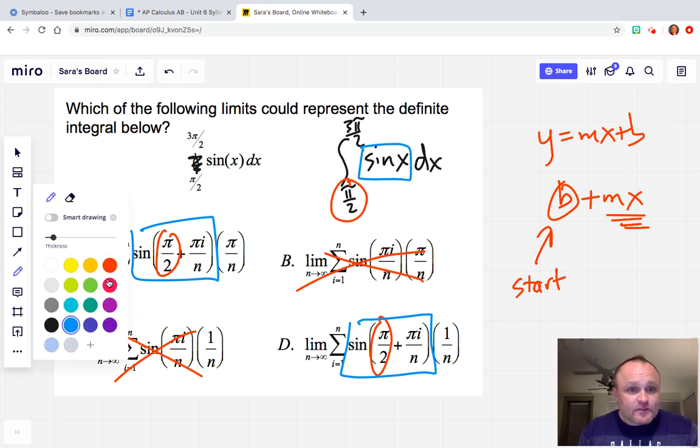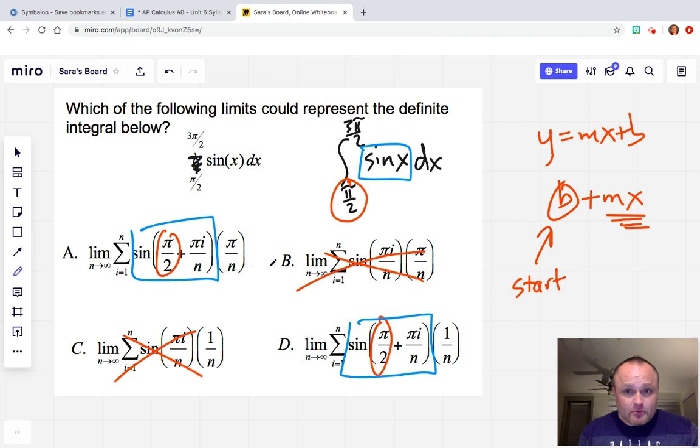The width of each jump is here, but the way we show that width is b minus a over n. Your b value is the top bound, which is 3 pi over 2, minus the lower bound, which is pi over 2, and it's over n.